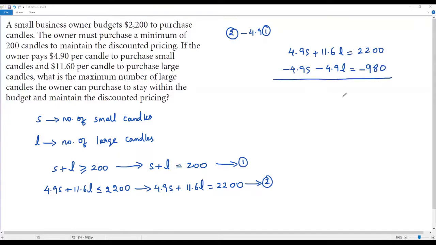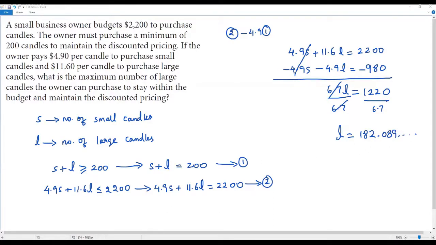Now we simplify. The positive 4.9S and negative 4.9S cancel out, and I'm getting 6.7L = 1,220. To solve for L, I divide both sides by 6.7. L equals 1,220 divided by 6.7, which is 182.089, and it keeps going.